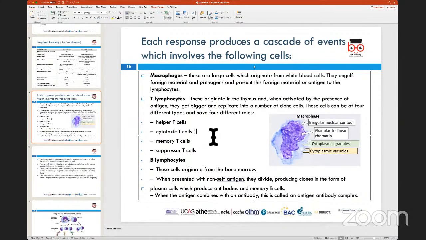It will generate the helper T cells, which will start creating more antibodies in the body and will recognize the antigen. And this recognition through the helper T cells would then present the creation of antibodies, and these antibodies will start fighting the pathogen in the body. And this is going to be under the control of the cytotoxic T cells.